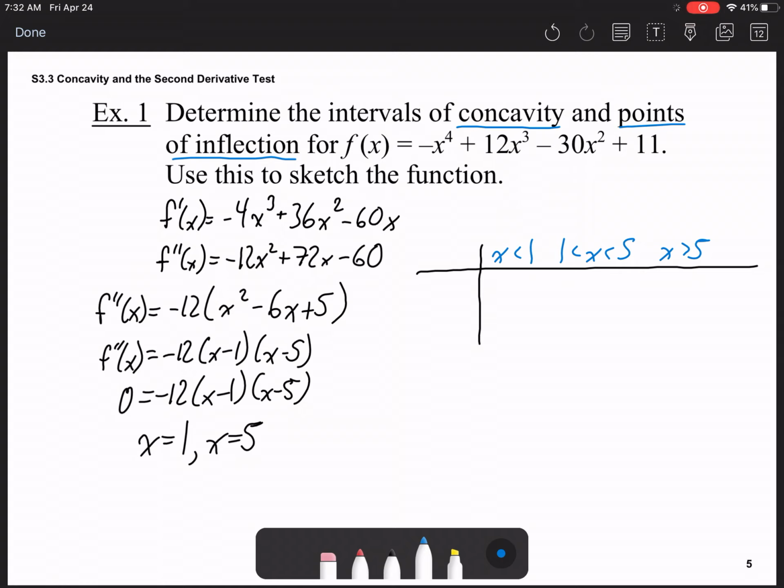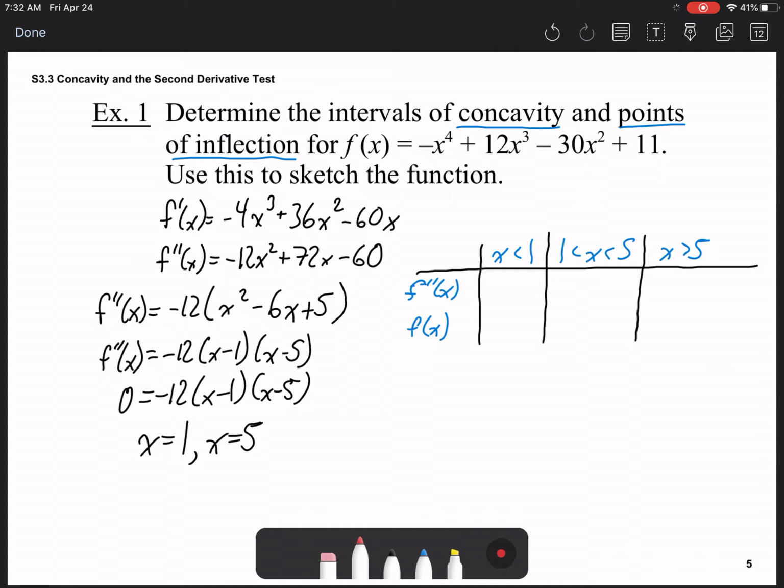I'm going to be testing it for f double prime of x, which will give me f of x. Notice that we're not looking at the first derivative here, because we're not interested in intervals of increase and decrease. They're just intervals of concavity.